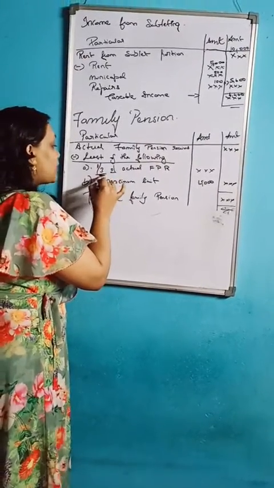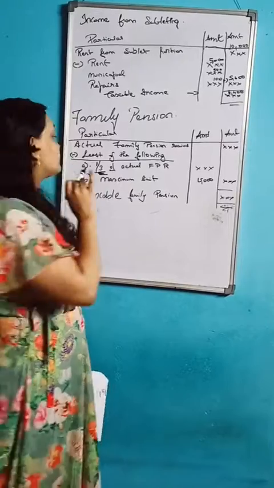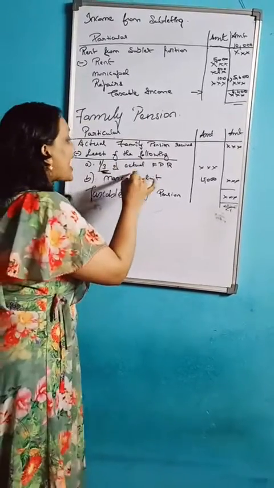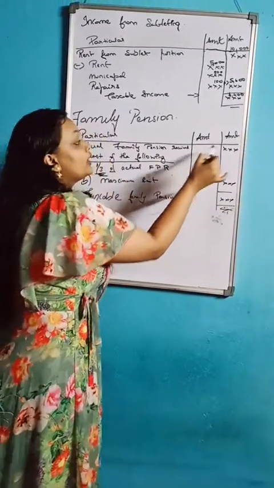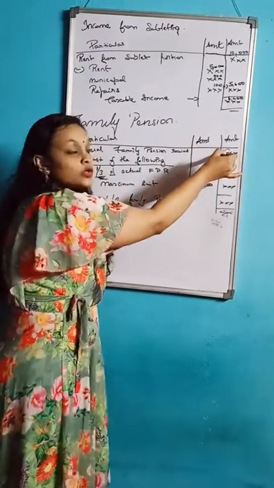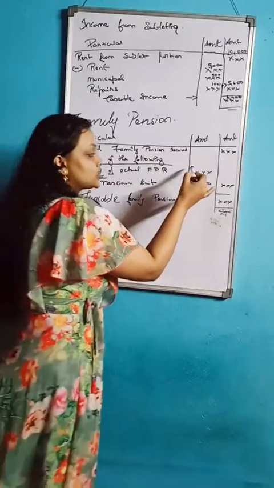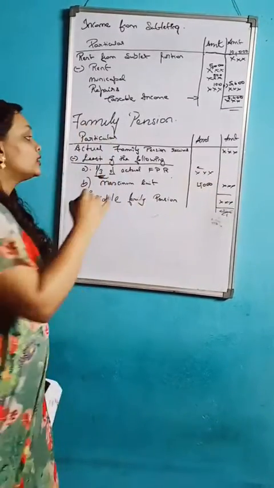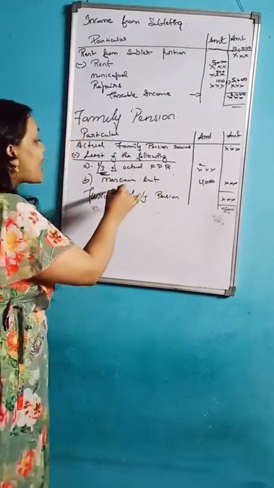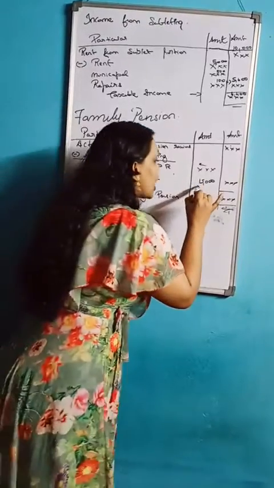This is important while doing a problem. That is 1 by 3 of the actual family pension received. Whatever amount you get, multiply that amount by 1 by 3, and you will get a certain amount. Then B, the maximum limit is 15,000.